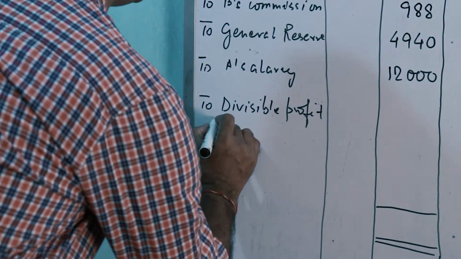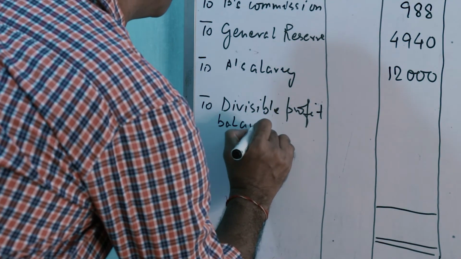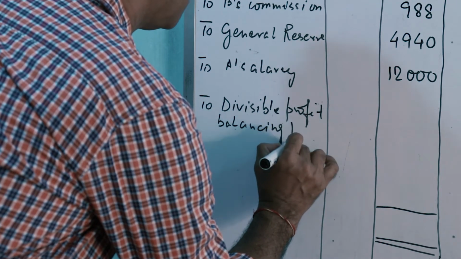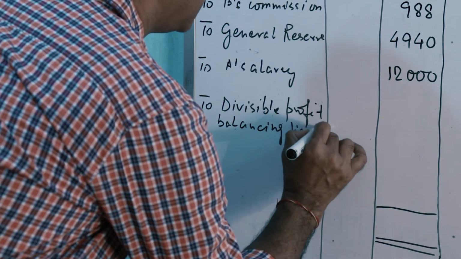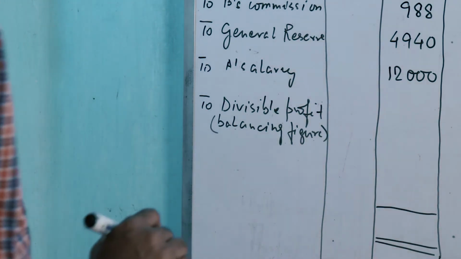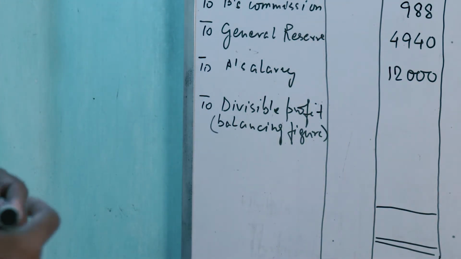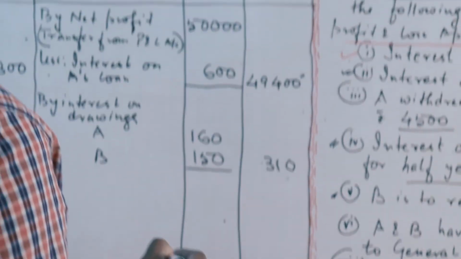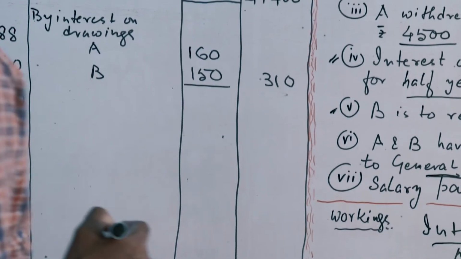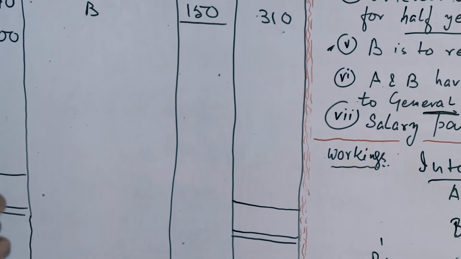This is the balancing figure. बैलेंस करके जो मिलता है उसको बोला जाता है बैलेंसिंग फिगर. तो कितना होगा बैलेंसिंग फिगर? टोटल बनाओ इसका 49400 प्लस 310, that is 49710.